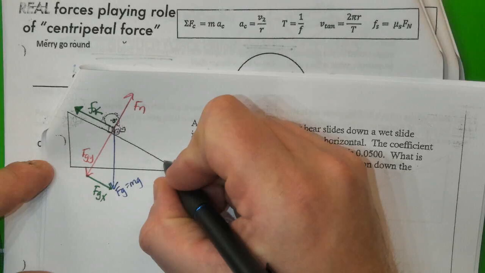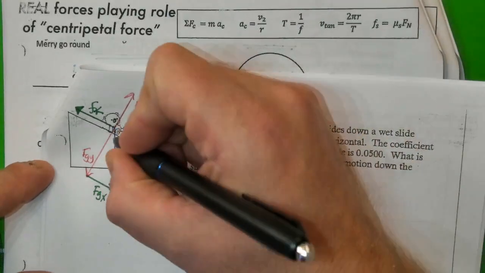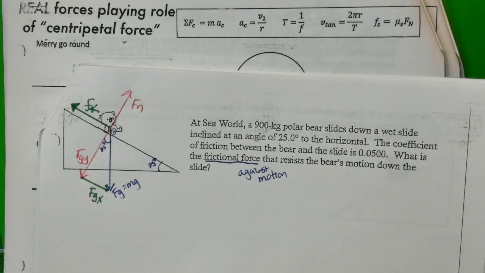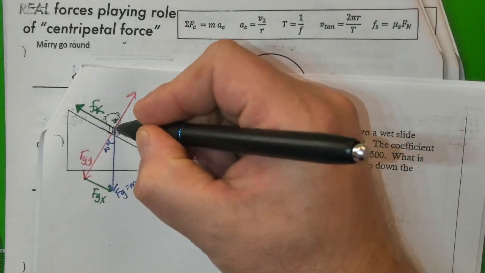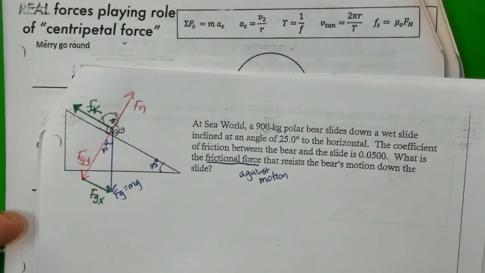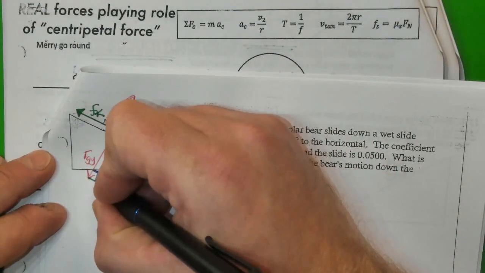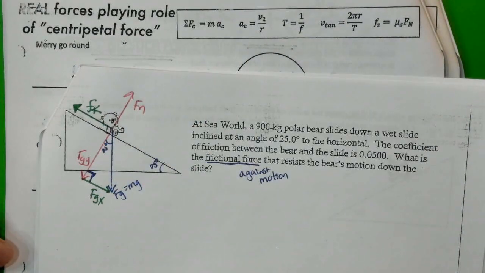The incline is 25 degrees. Inside the right triangle, the 25 degrees is up by the vertex where the bear's center of gravity is. This should be a 90-degree angle if you've drawn it well.